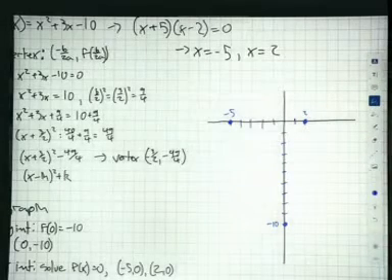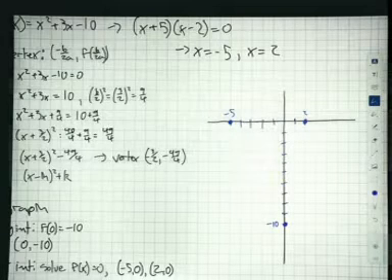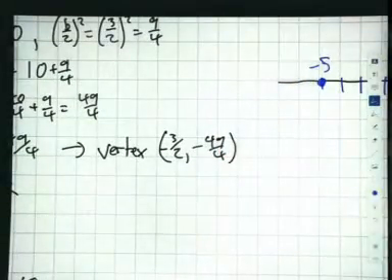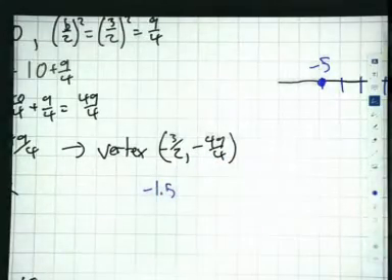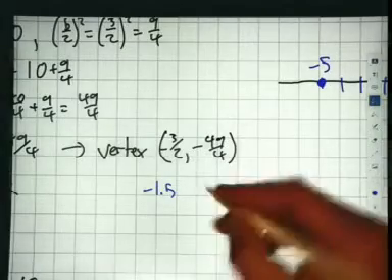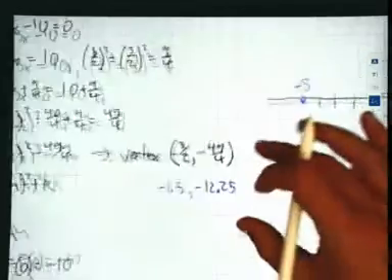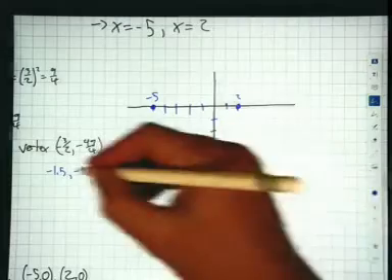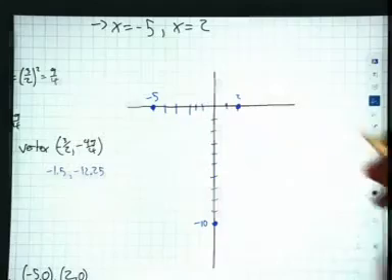And let's plot our y-intercept. Now, we want to do a little bit of calculation real quickly. Or excuse me, our vertex. So 3 halves, that's going to be a negative 1.5. And then that 49 divided by 4 is going to be a negative 12.25. So we're going to do our best to place that on our graph. So negative 1.5, that's going to be right here.